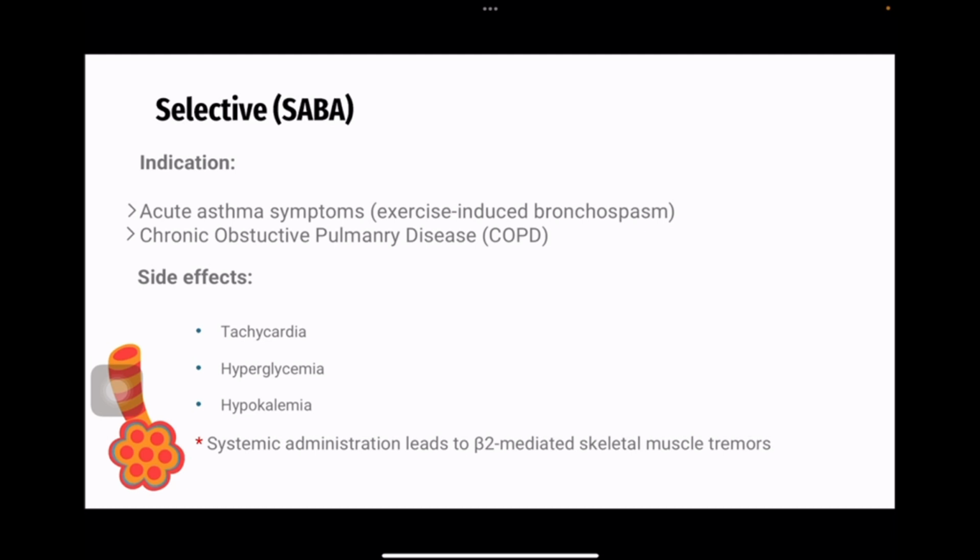The side effects: tachycardia, hyperglycemia, hypokalemia, and if we give it by systemic administration, like oral or injections, it can lead to skeletal muscle tremors. So we prefer to give it by the inhalation route to reduce the systemic side effects.